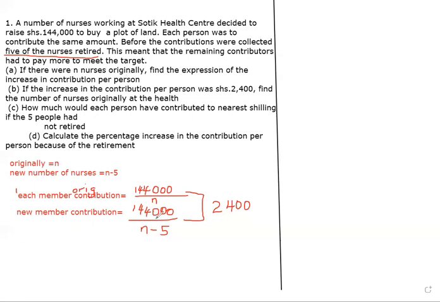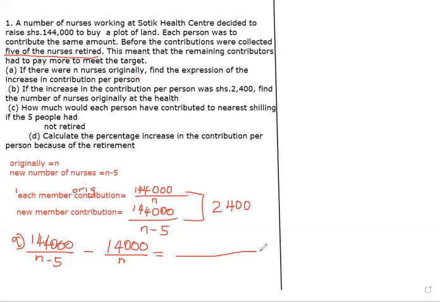So we'll say part A: 144,000 over n minus 5, minus 144,000 over n. Since they have not mentioned the increase at this point, we don't include it. We just want the expression. So we must simplify this expression.